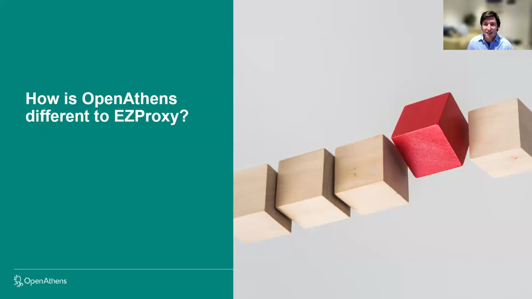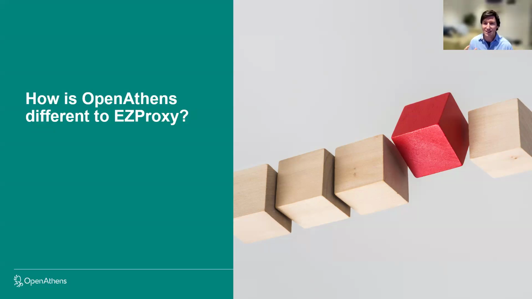Another one, and this is the big one, particularly in North America, is how is OpenAthens different to EasyProxy? We are talking about remote authentication systems here. And when it comes to the library sector, there really are mostly two: EasyProxy, which a lot will have, and then OpenAthens.